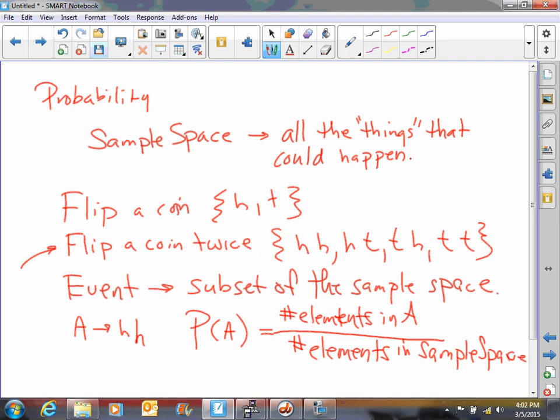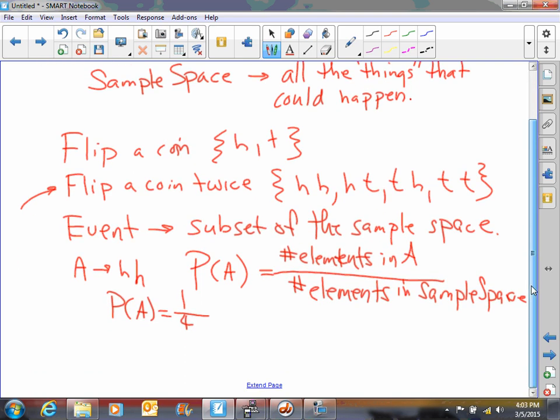In other words, in this case, the probability of event A would be 1 element in the sample space is heads, heads, over 4, because there are 4 elements in the sample space. So the probability that event A will occur is 1/4. And this is pretty much all probability is. You count up the number of ways you could be successful and divide by the number of things that could happen. That gives you the probability.